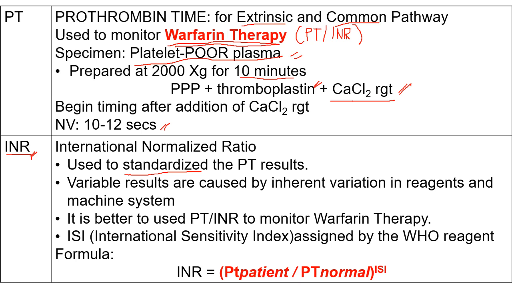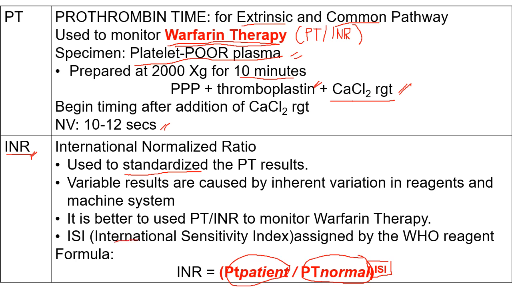So, ito rin ay kino-compute using this formula. So, una, kukunin mo muna yung PT results ng pasyente against the PT result of your control or the normal in society. Okay? Raised to the level of your ISI or the International Sensitivity Index.